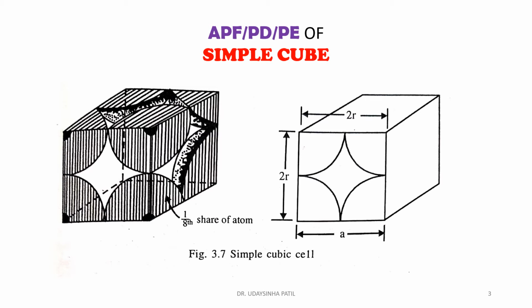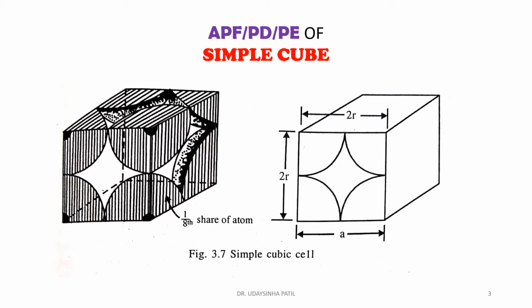The simplest and easiest structure to describe is the simple cubic crystal structure. In a simple cube lattice, there is one lattice point or atom at each of the 8 corners of the unit cell.